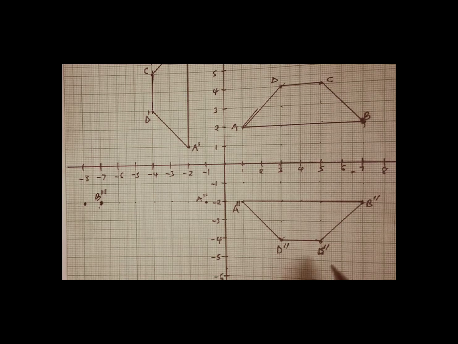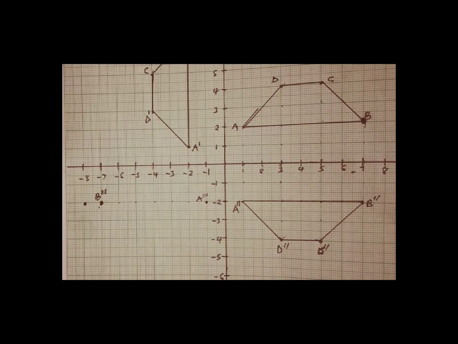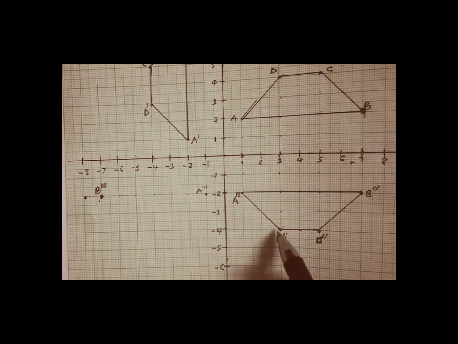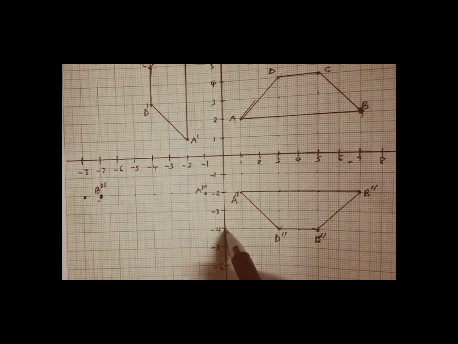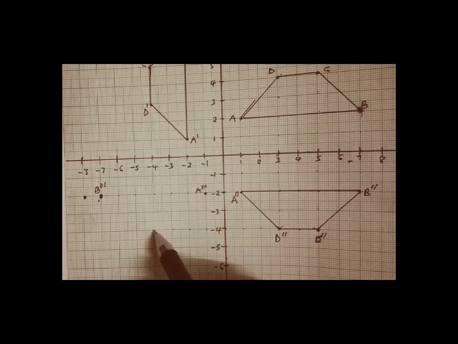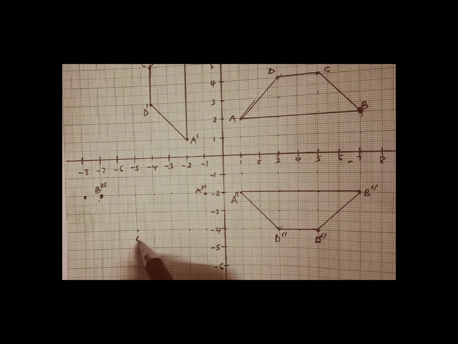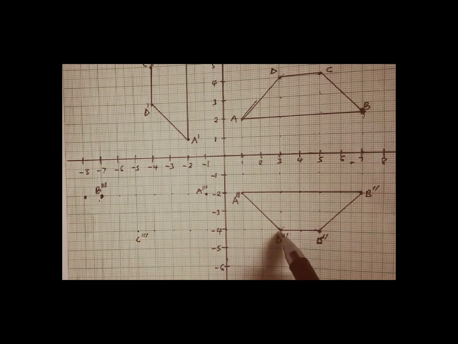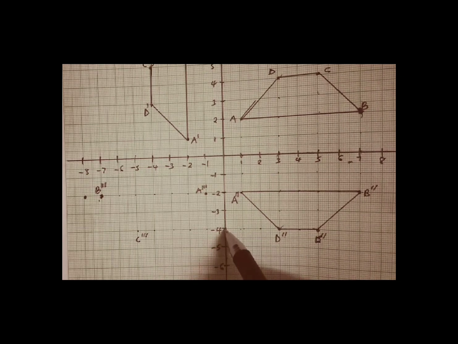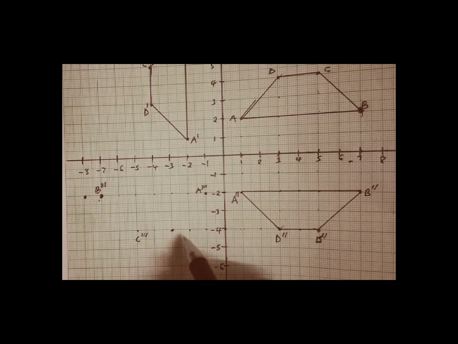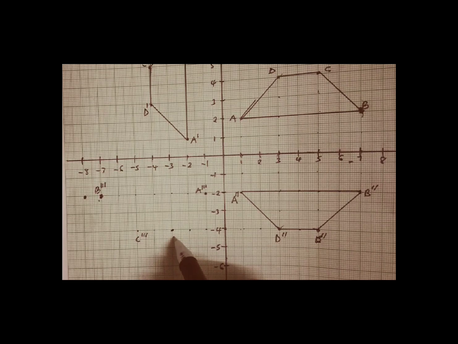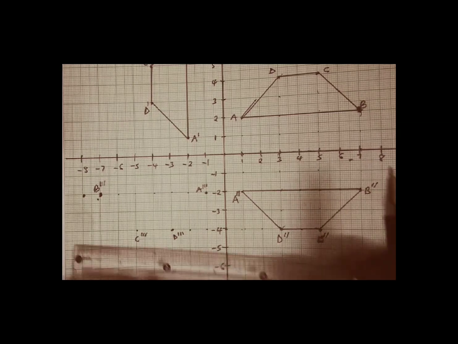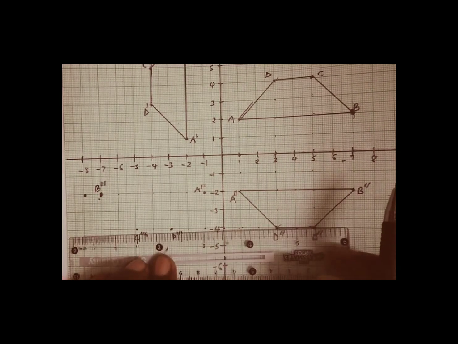Then we have our other coordinates. This is C double prime. This is 1 2 3 4 5. This is where we are going to have our C triple prime. Then we have D, 1, 2, 3. This is where we are going to have our D triple prime.